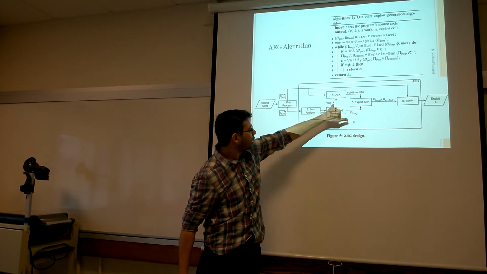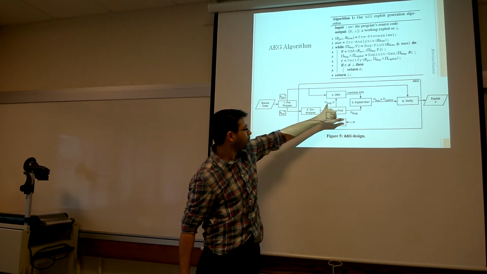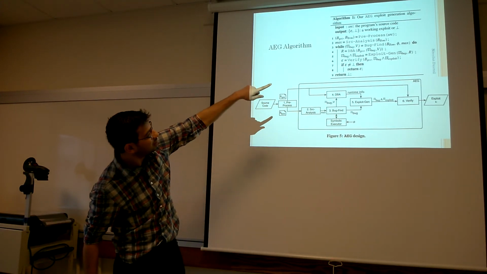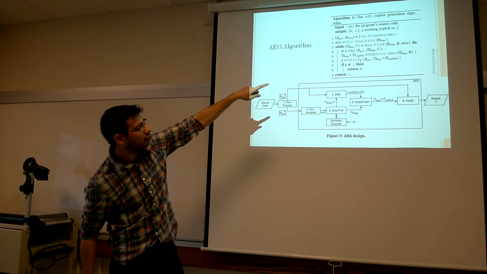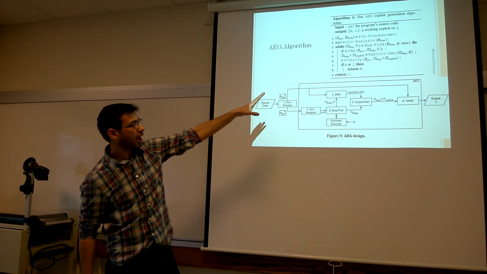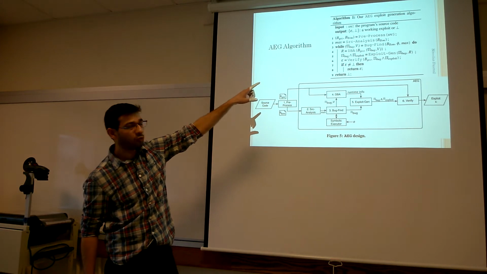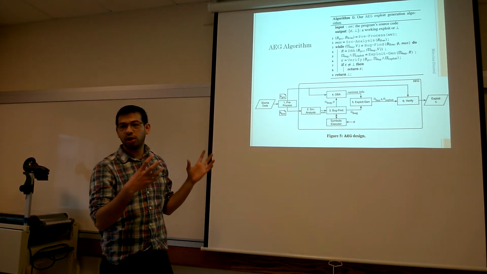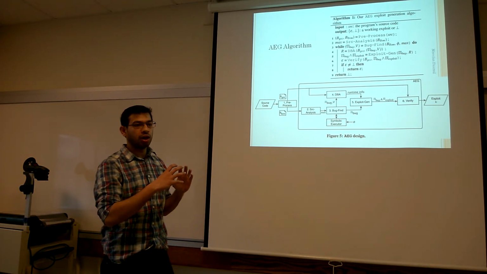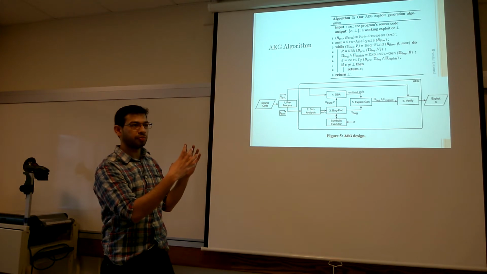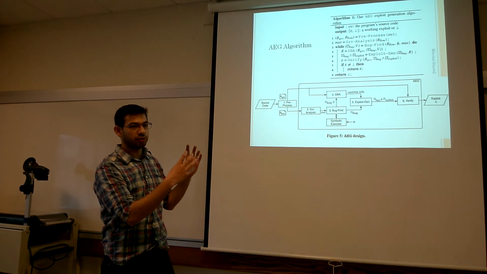What bug find takes is the LLVM representation, the safety condition, and the max, and it gives you back the V, which is the vulnerable function, where that vulnerability was found. So in terms of programs, you actually know which function is buggy.